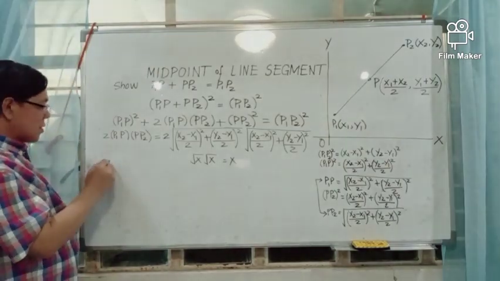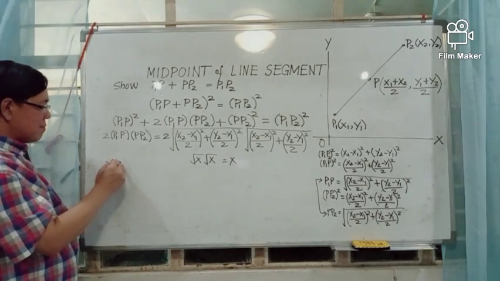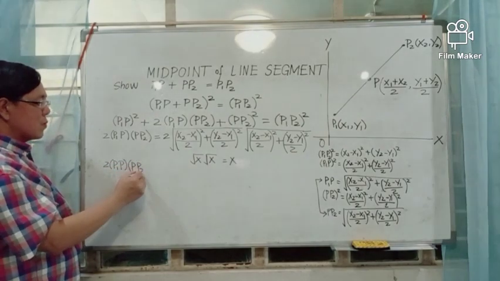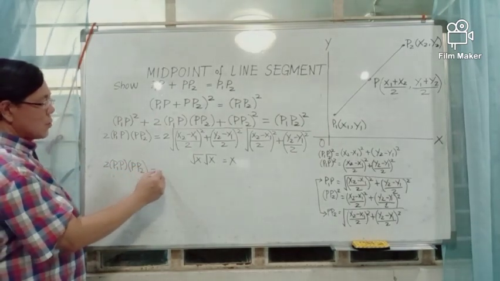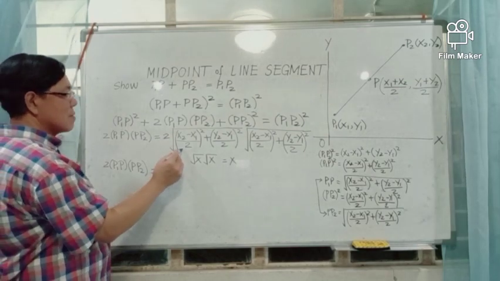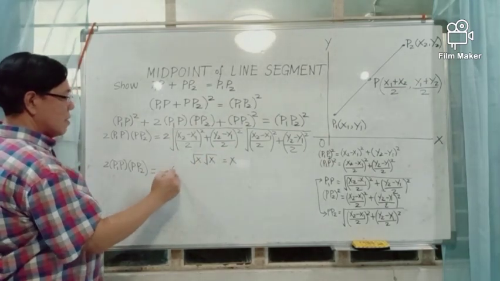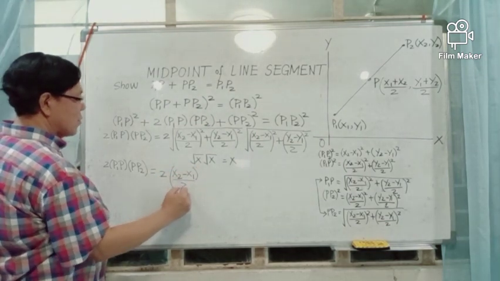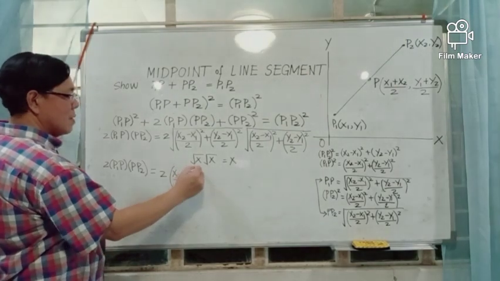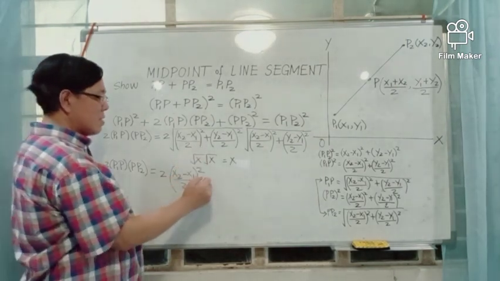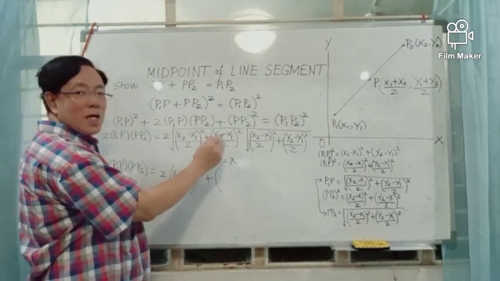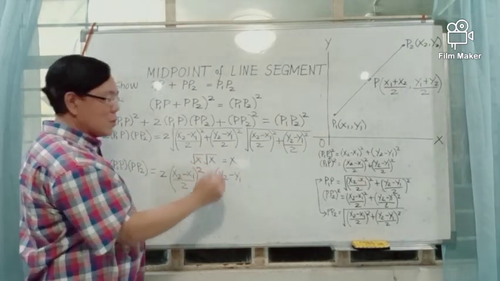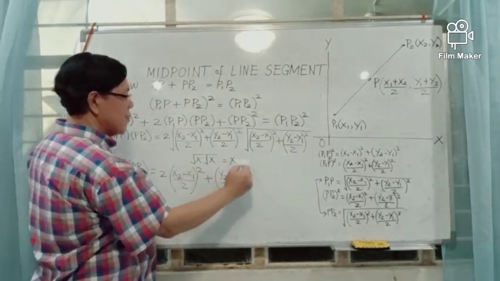We have 2 times the distance of P1 and P times the distance between P and P2 is now equal to 2 times the square of ((x2 minus x1) all over 2) squared plus ((y2 minus y1) all over 2) to the power 2.